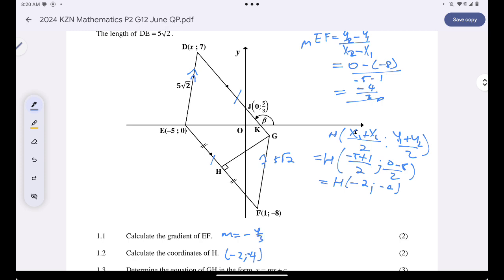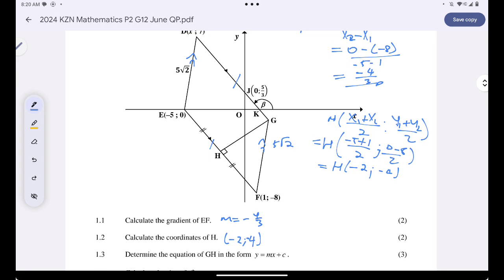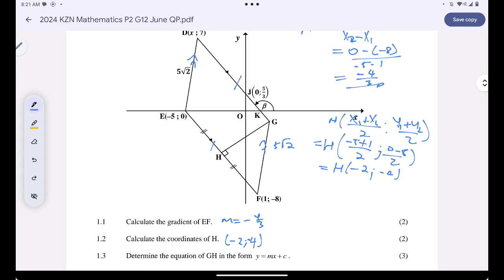Now I'm supposed to find the equation of GH. GH is the line which is perpendicular to EF. Before I do anything, for me to find the equation of a line, I must have a point and the gradient. The gradient of this perpendicular line, I'll just take the gradient of EF and flip it around, and I'll also change the sign.